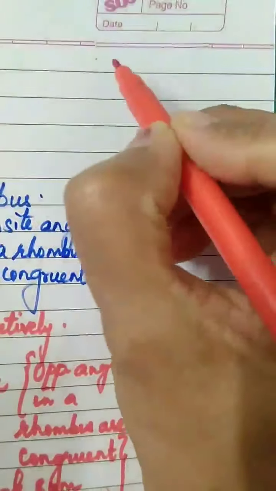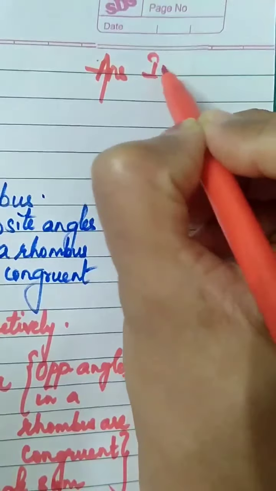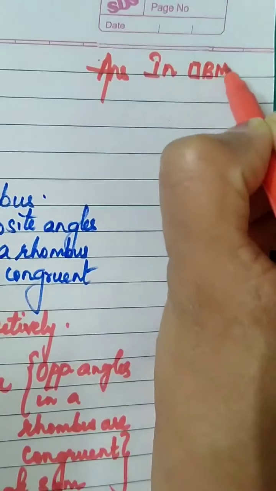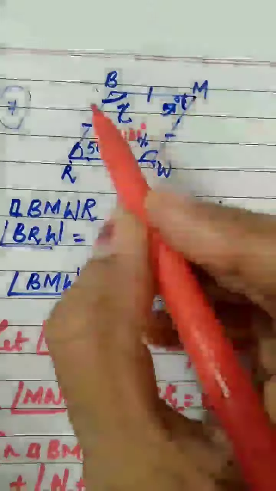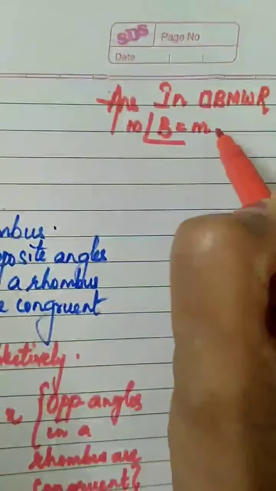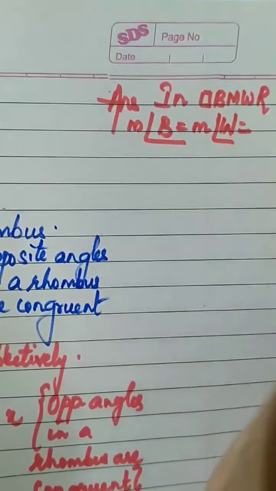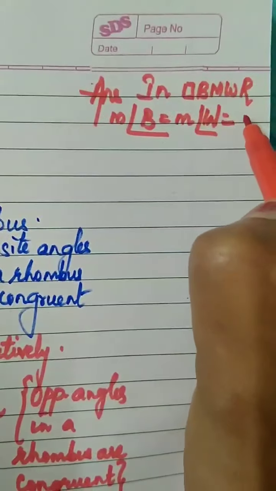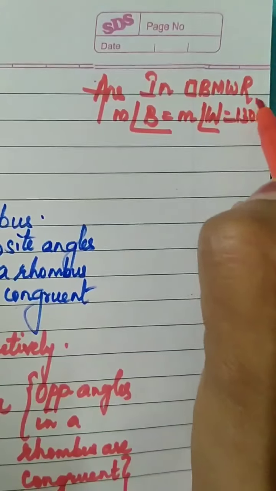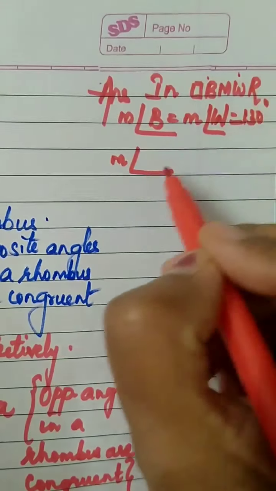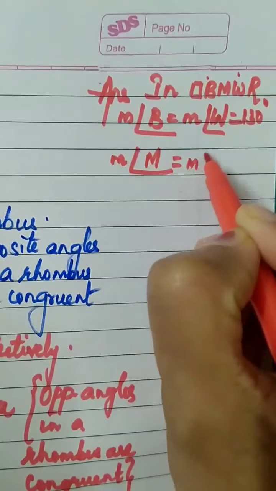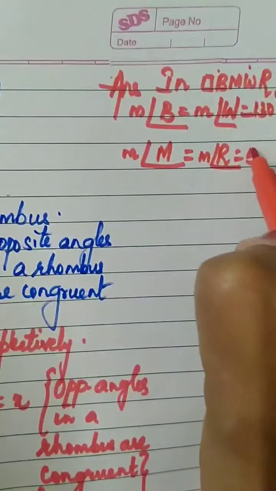Answer: in quadrilateral BMWR, measure of angle B is equal to measure of angle W, and B and W are equal to 130 degrees. Next, measure of angle M is equal to measure of angle R, which is equal to 50 degrees.